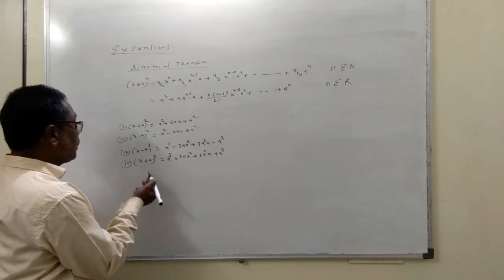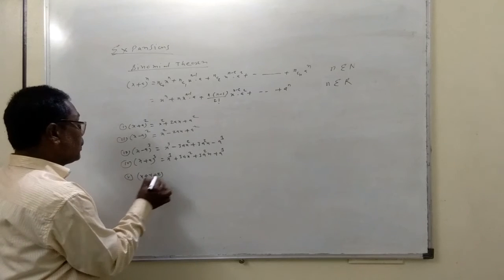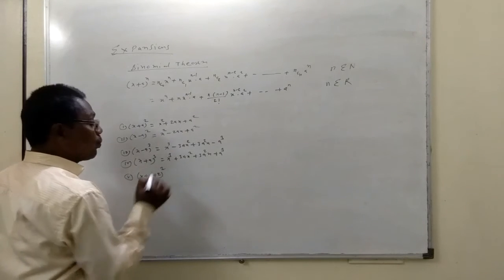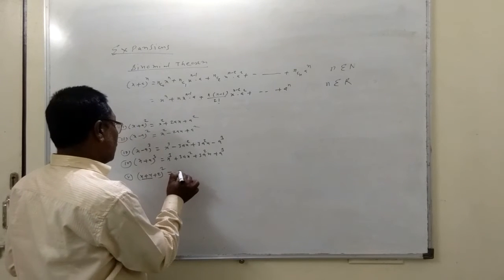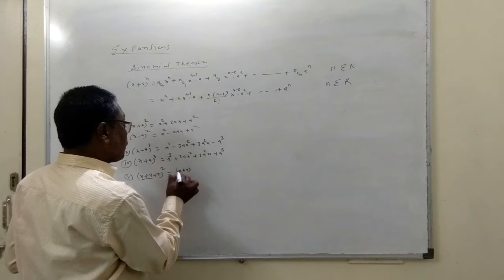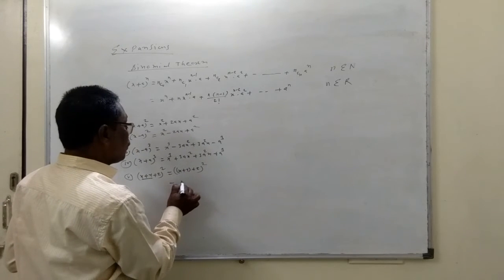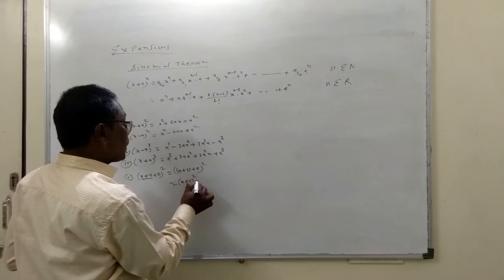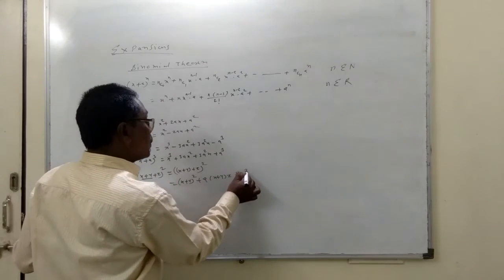Now when three terms are there and you want to find, suppose, x plus y plus z whole square, we will take two terms as one term. So x plus y plus z whole square is equal to x plus y whole square plus 2 into x plus y into z plus z square.